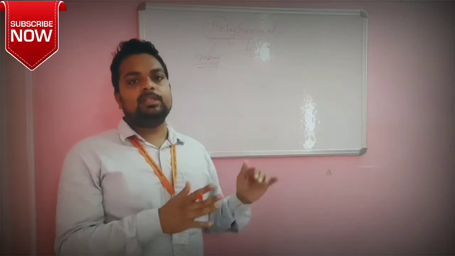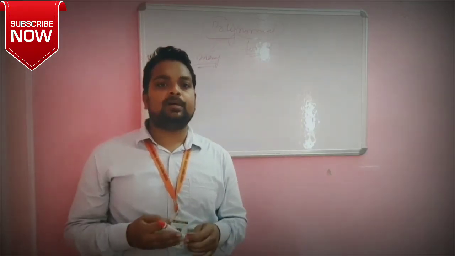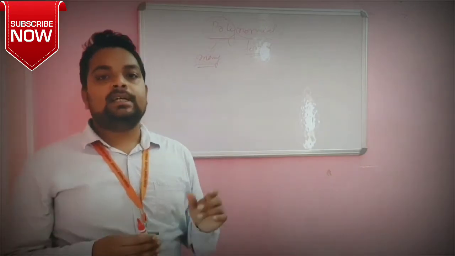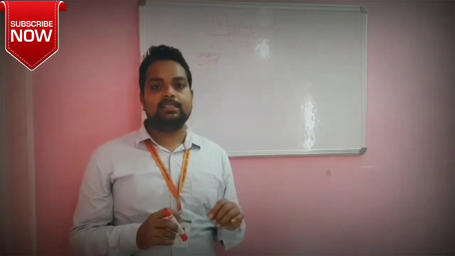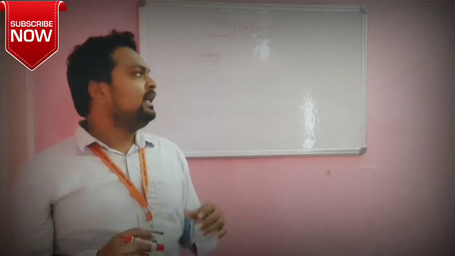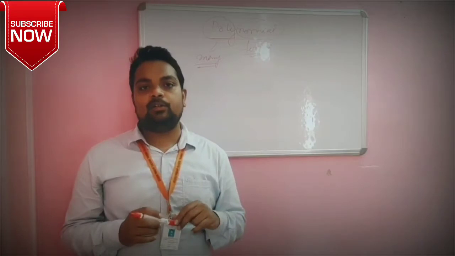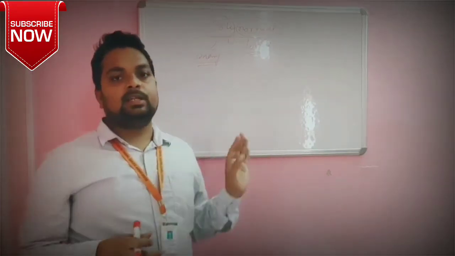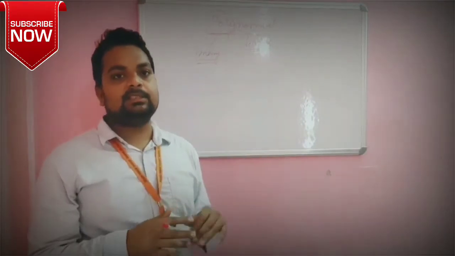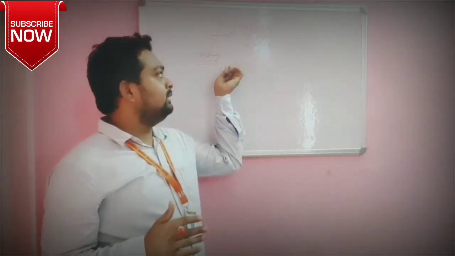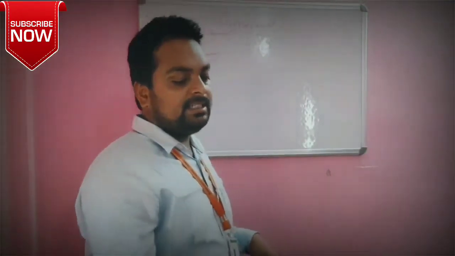Degree of the polynomial we have already discussed in the previous video. Degree is actually the highest power of the variable present in the expression. So on the basis of the degree, we can classify polynomial in different types, and on the basis of the number of terms we can also classify the polynomial. First we will learn about the classification on the basis of the number of terms present in the algebraic expression.